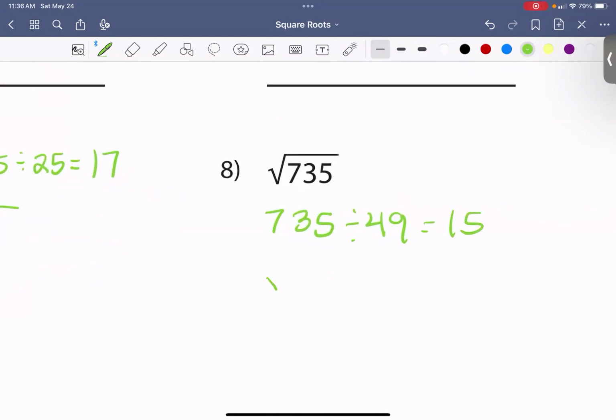So I'm going to rewrite the radical sign. The square root of 49 times the square root of 15 equals the square root of 735. The square root of 49 is 7. There's no perfect square for 15. So the answer is 7, the square root of 15.